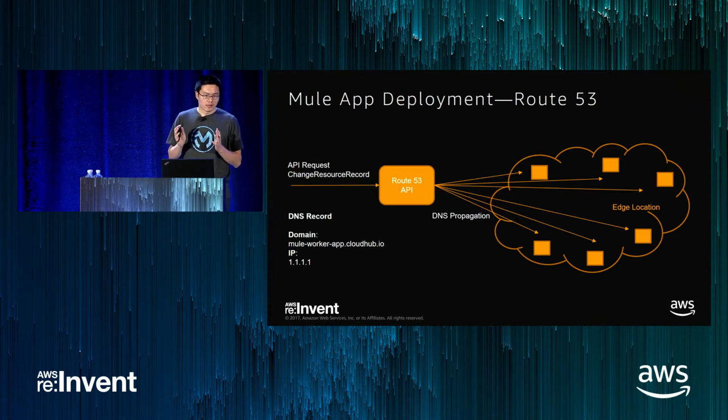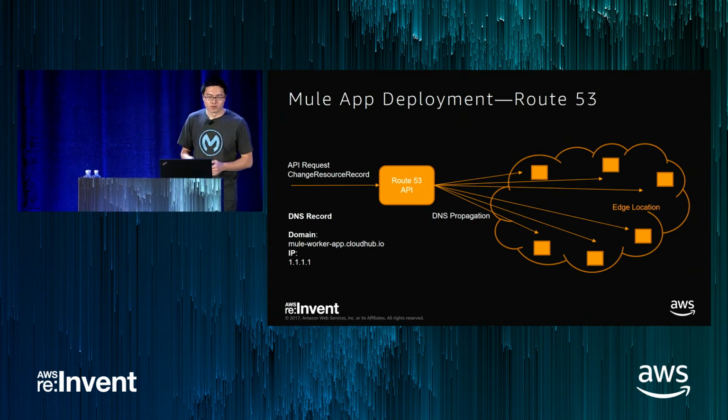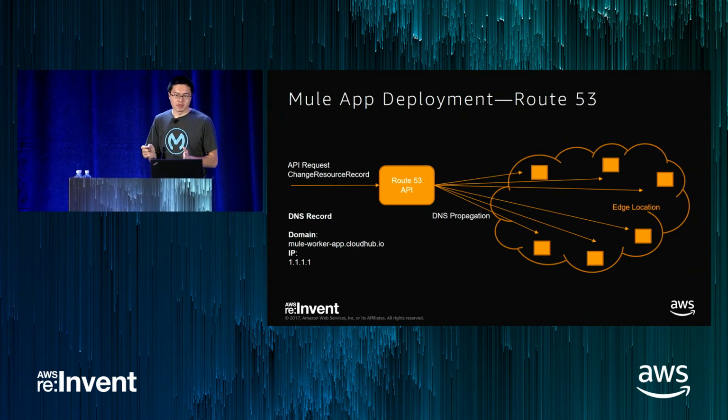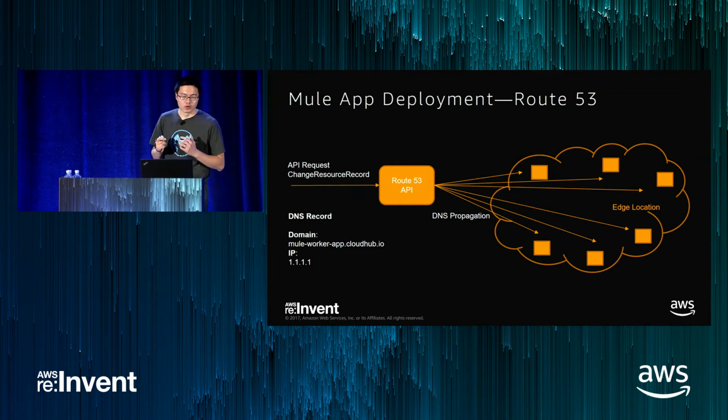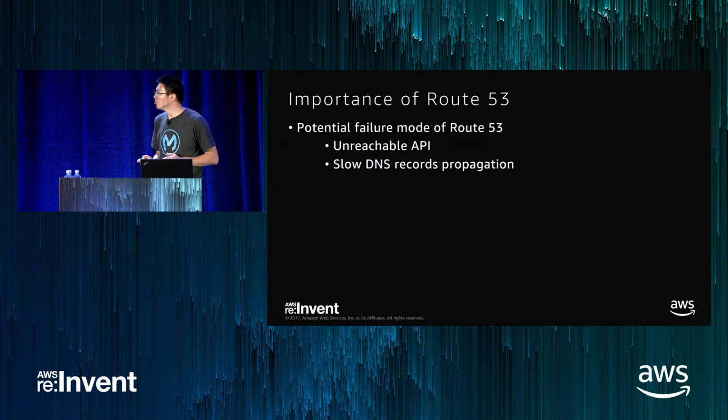So as Gavin had mentioned, let's see what can go wrong in this graph. Even a short period of unavailability of the service can have a huge impact on our service to our customer. There are generally two kinds of failure mode.